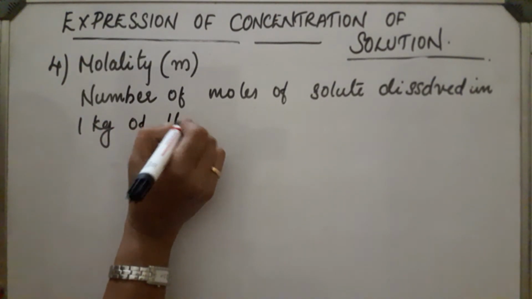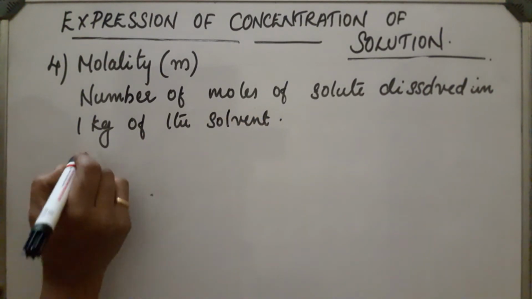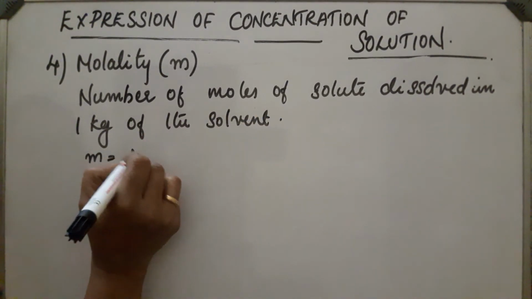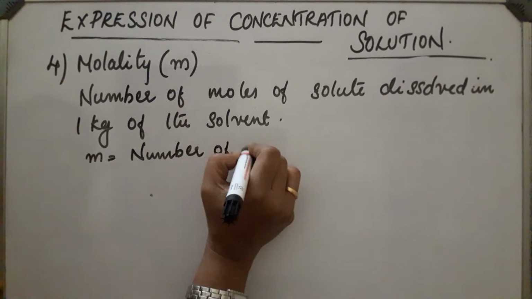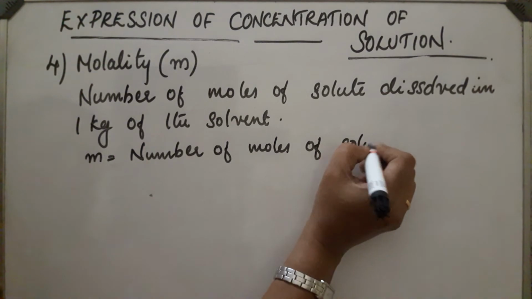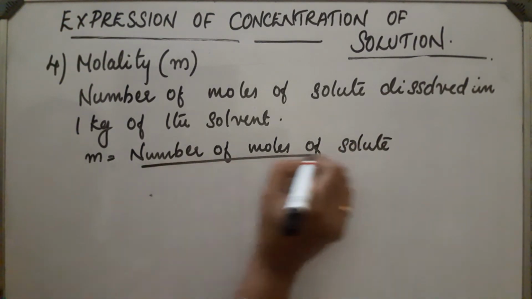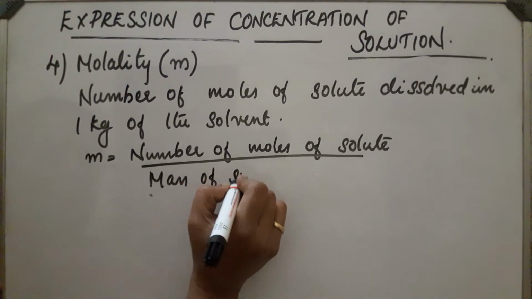So it can be expressed like this: small m equals the number of moles of solute by the mass of solvent in kilogram.